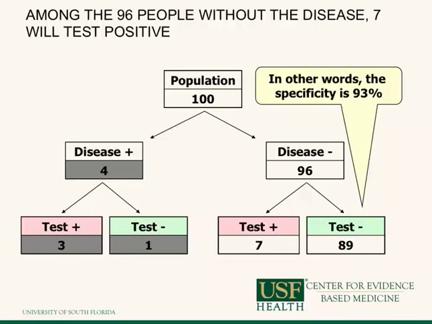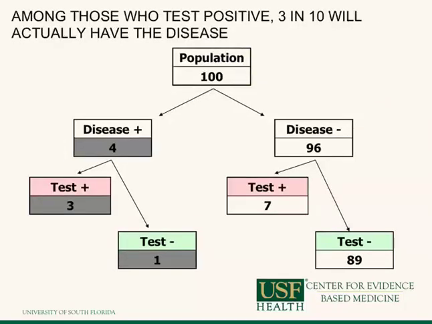Straightforward? Okay. And then if you look at among those who test positive, 3 in 10 will actually be true. So if you take 7 false positives, 3 correct positives, how many total positives? 10. Out of 10, how many truly positive? 3. That's your positive predictive value somebody mentioned.